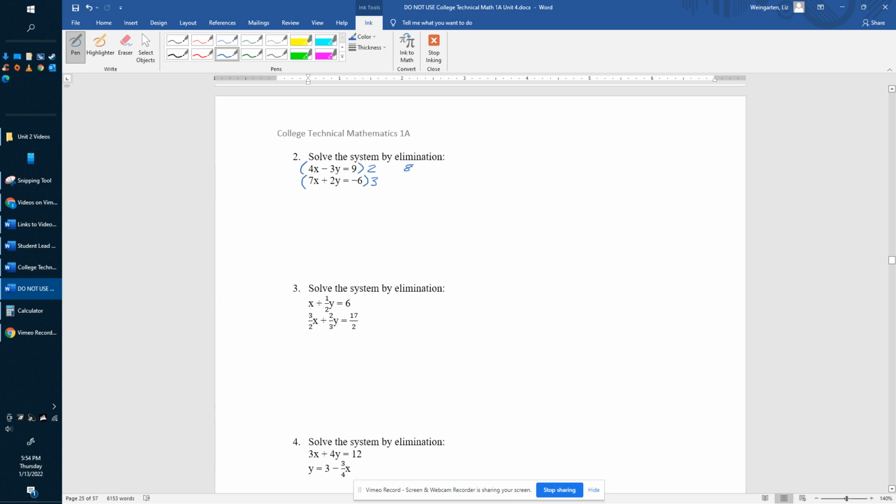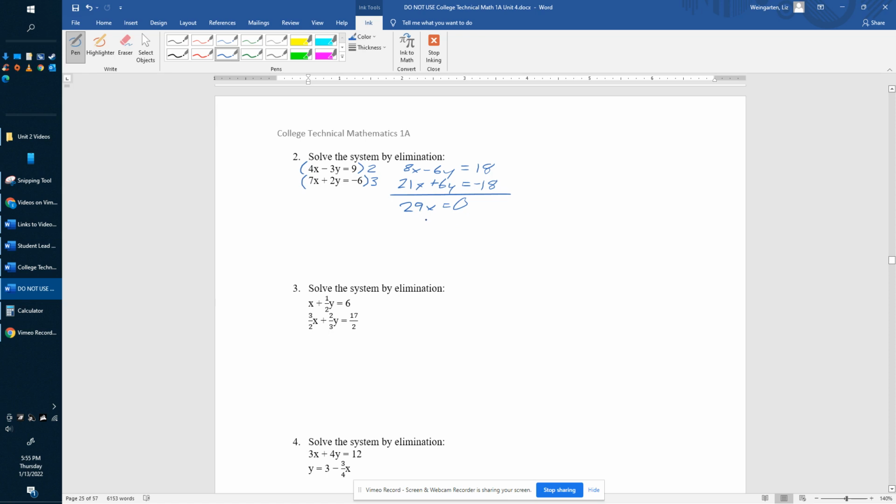So we'll have 8x minus 6y equals 18. 3 times 7 is 21x plus 6y equals negative 18. So that's pretty neat. Not only are our y's canceling out, but our constants over here are canceling out. So we have 29x equals 0.